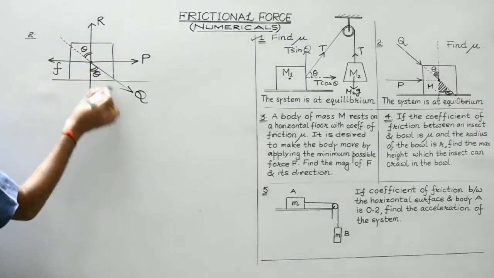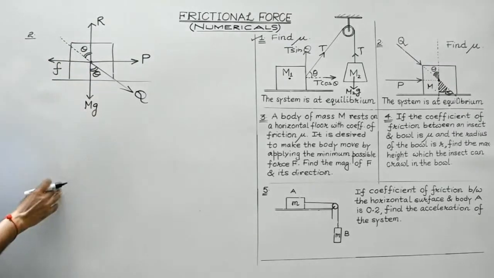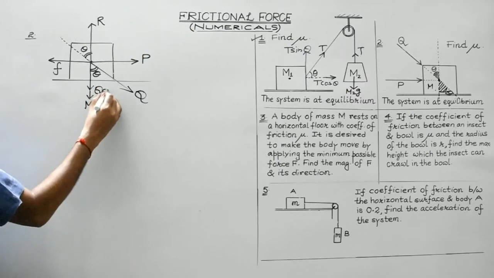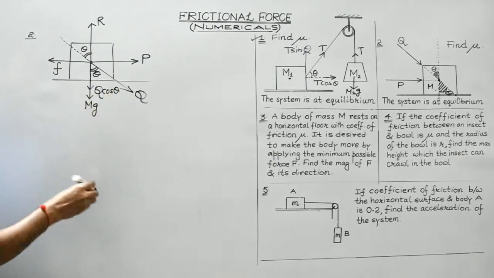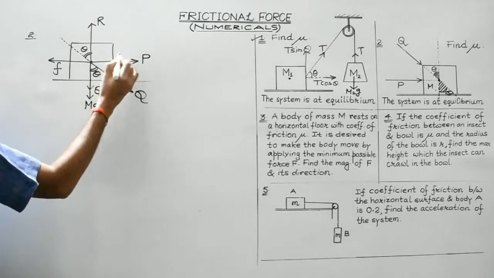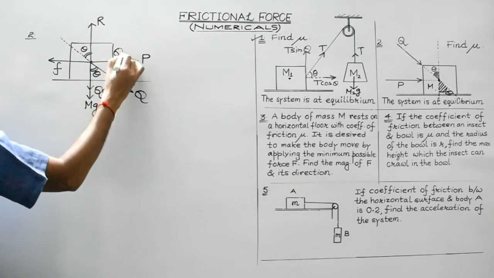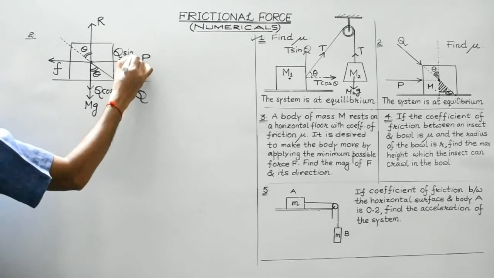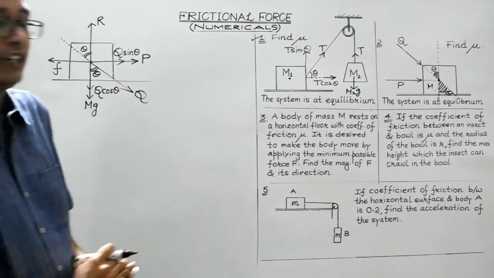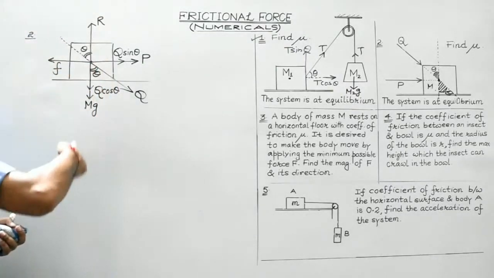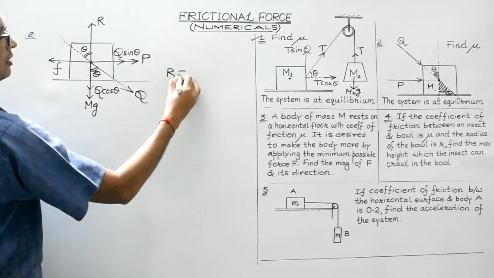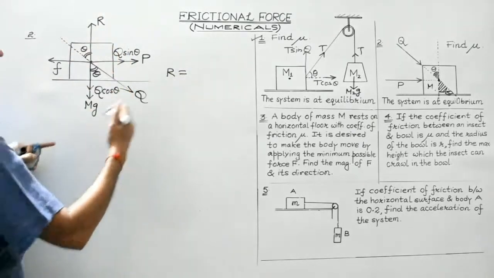Now, Q can be resolved into two components, isn't it? This component would be Q cos theta. Q is resolved into two components. This is Q cos theta and this component, students, will be Q sine theta. Right? Now, the net force acting in the vertical direction is 0, and that is possible only when R, the net upward force, is balanced by the net downward force.